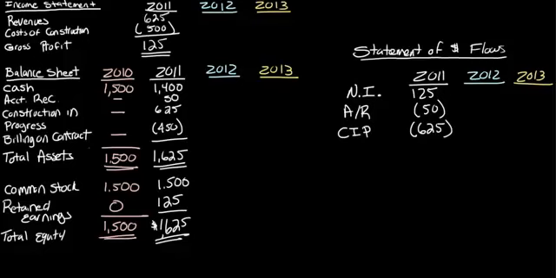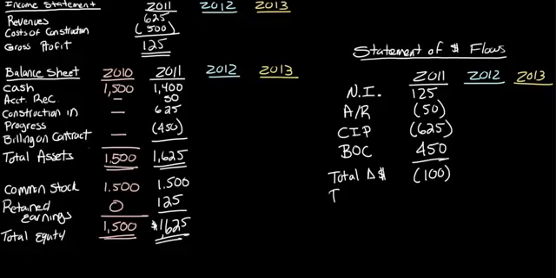And billings on contract, I'm going to label that BOC. That's 450. If I add all those up, I think it is a negative 100. So there's my total change in cash.